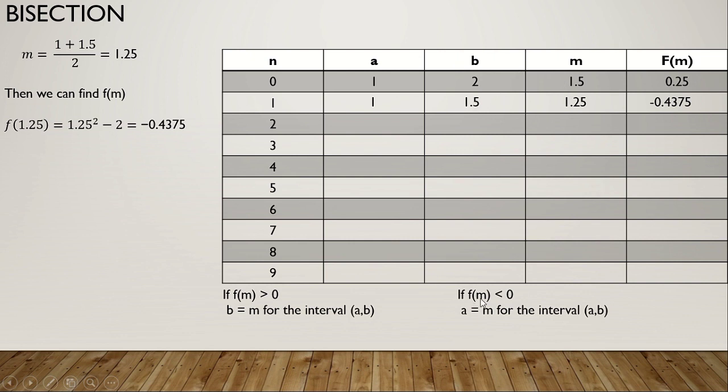But then if f of m is negative for this function, then a is equal to m for the interval a comma b. And as we have noticed here, this guy will become 1.25, like so. So we have 1.25 and 1.5.